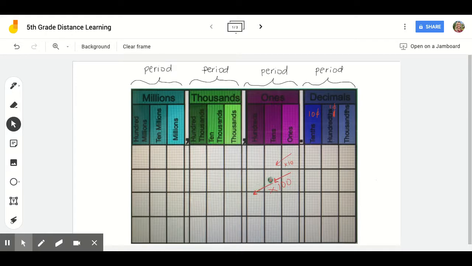If you move 3 times, 1, 2, 3, it's times 10 times 10 times 10, otherwise known as 10 to the third power, or 10 times 10 times 10 is 1,000. They're all the same right here. These are all the same things. You can just kind of see it broken down, right?